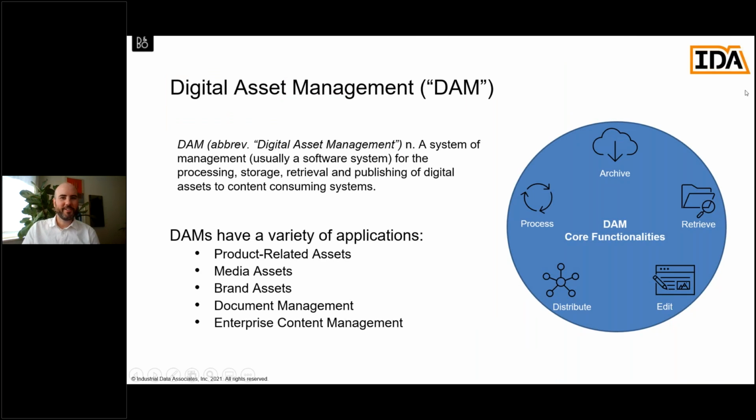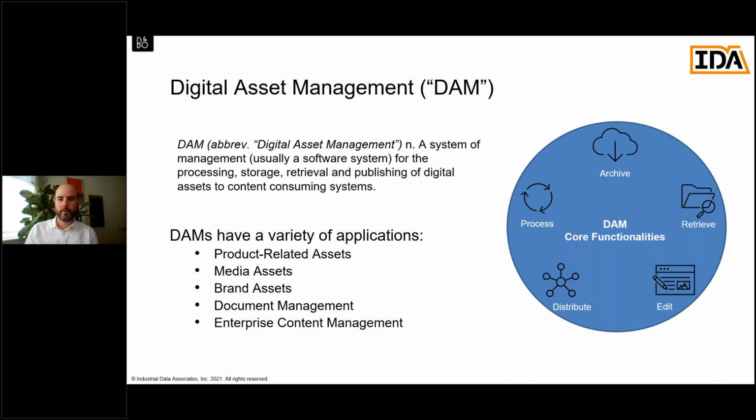Okay, so digital asset management, you may have heard me abbreviate it as DAM, and I will refer to it as DAM throughout this presentation, is a system, usually a software system, for processing, storage, retrieval, and publishing of digital assets. DAMs have a variety of applications. IDA's core business is around product information, and so DAMs have a really important part to play in the product information ecosystem.